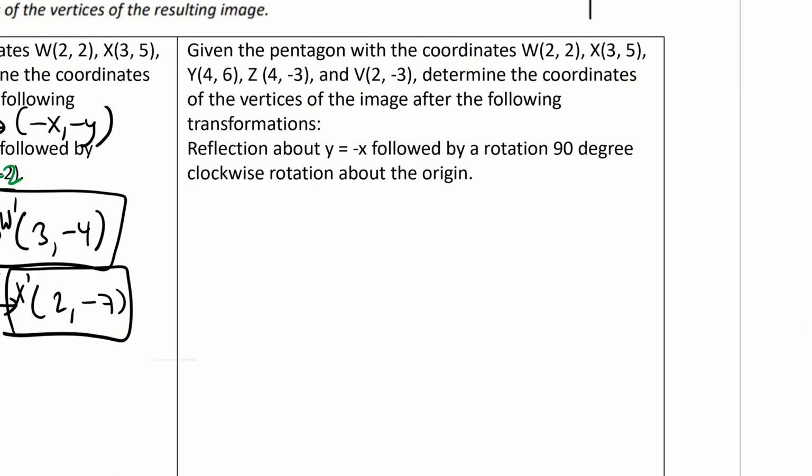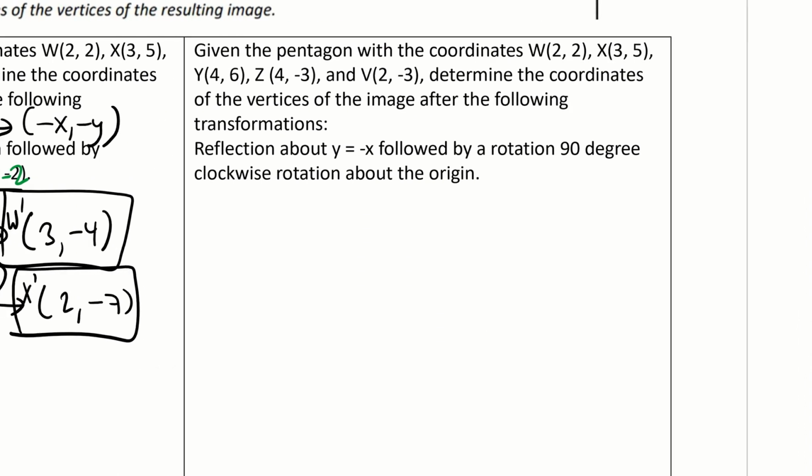All right, so for this one, again, we have the same coordinates, but this time with different transformations. So we're going to reflect about y equals -x, and then follow that up with a rotation of 90 degrees. Okay, so let's write down the rule for the reflection about y equals -x. If I want to reflect about y equals -x, I have to switch the coordinates and then negate.